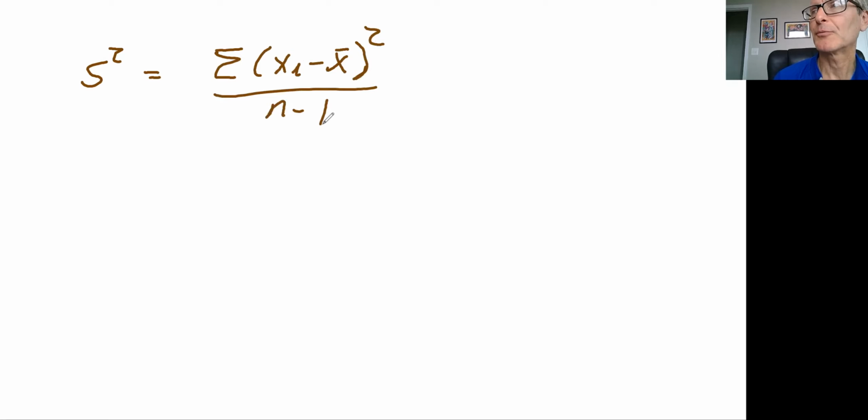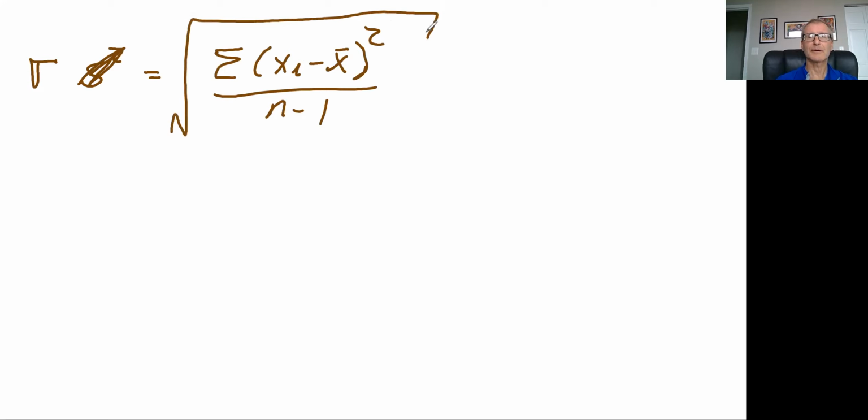What the square does is artificially increase the value, but it also makes everything positive. So to counteract the square, the standard deviation would be the square root of all that.